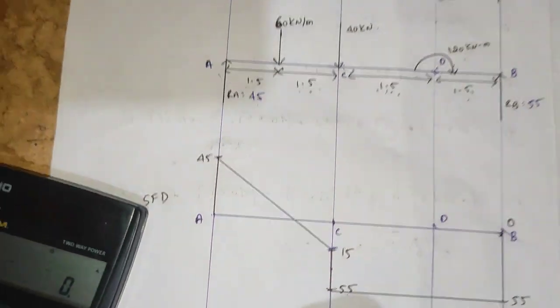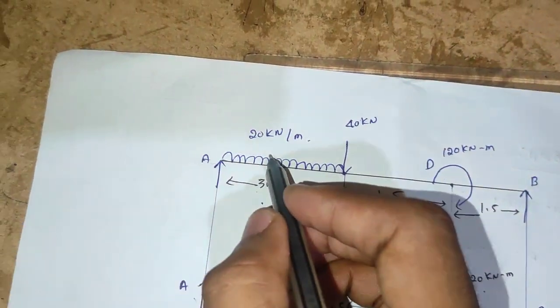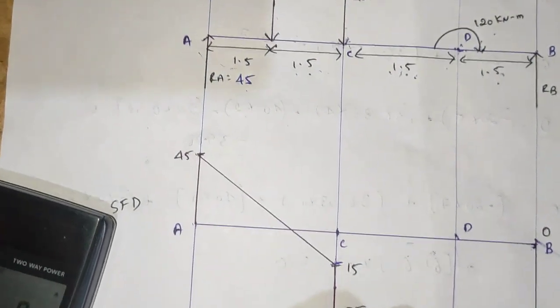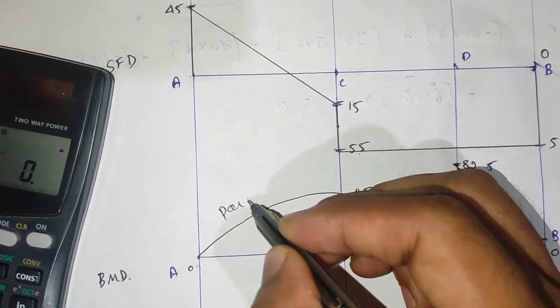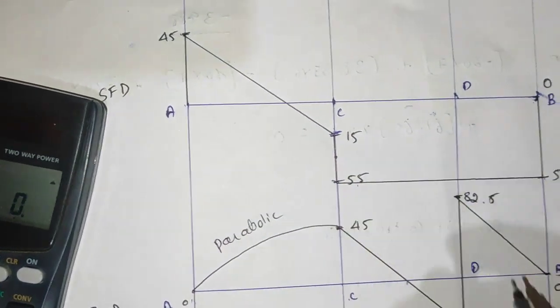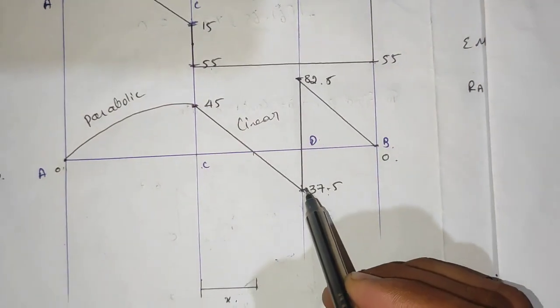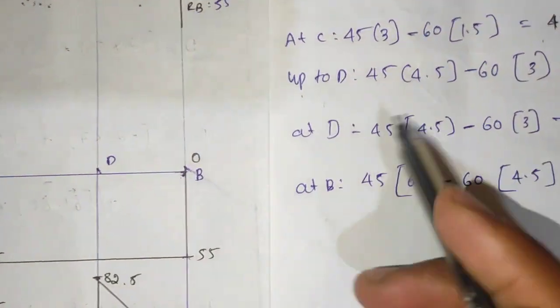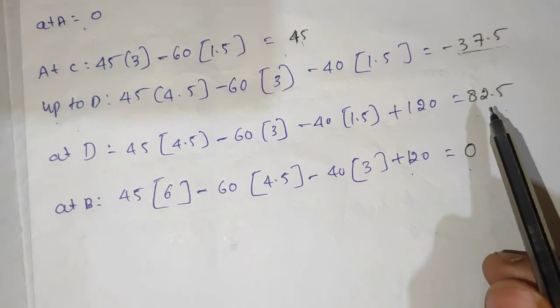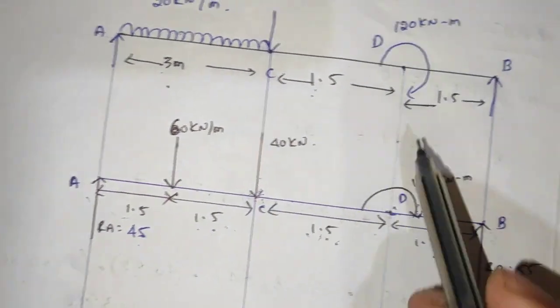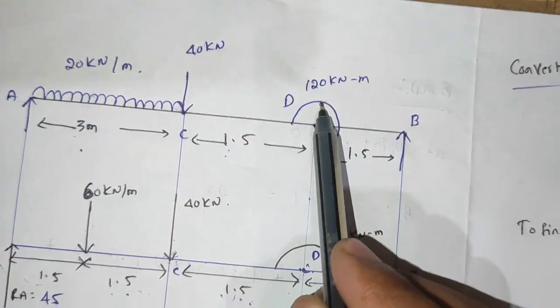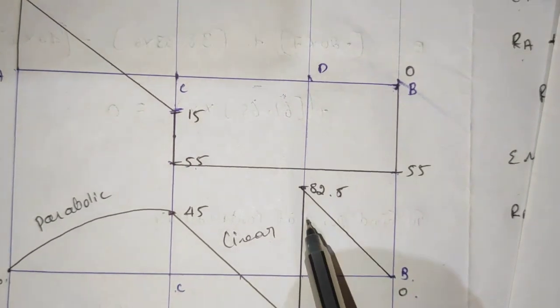This is parabolic, this is the uniformly distributed load, and this is linear. We have come up to here. Then at D we get 82.5, the moment at D is 82.5.